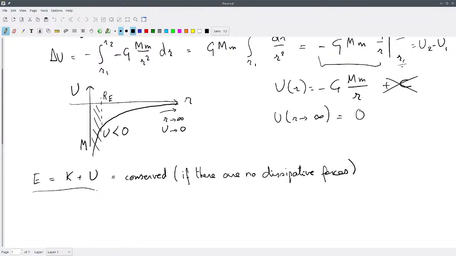One of the things we can do with that is determine the escape velocity.